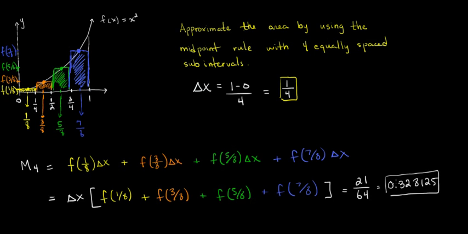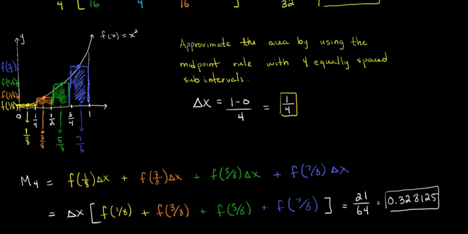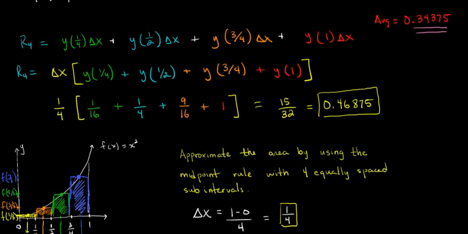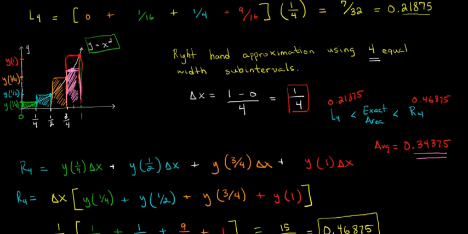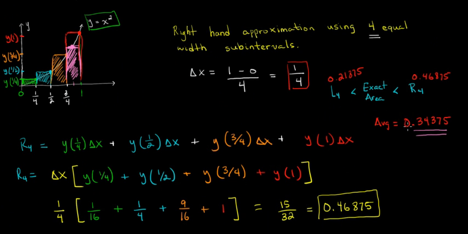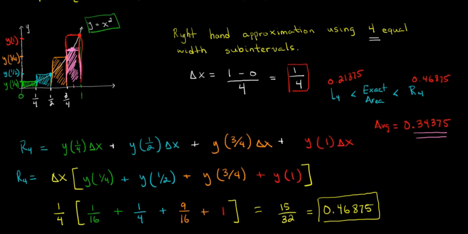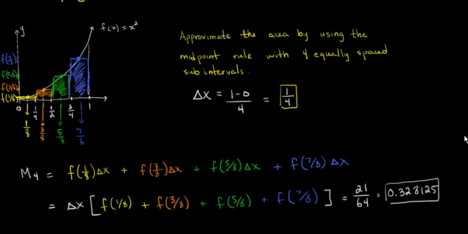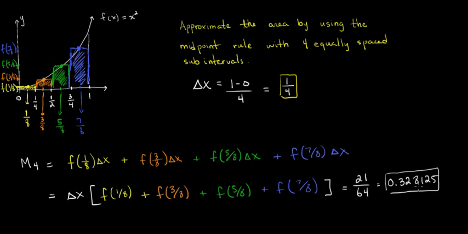However, the area that we got for the midpoint was 0.328125, and in the prior video we calculated the average to be 0.34375. So we can now say that the average of the left and the right is not equal to the midpoint rule.